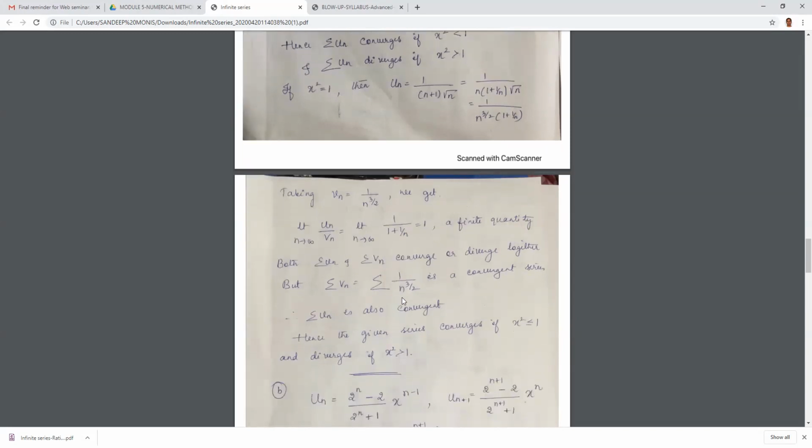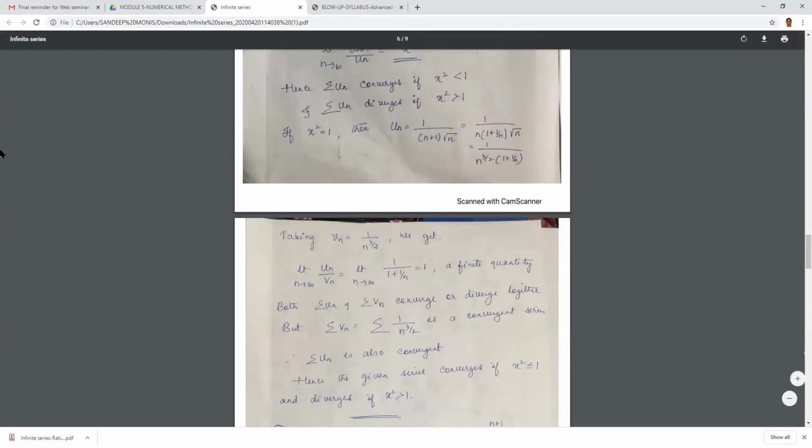This is a convergent series. If this is convergent, then definitely sigma un is also convergent, correct? So the given series is convergent for x square less than 1, as we already came to know, and if equal to 1 also the given series is convergent, and it is divergent for x square greater than 1.